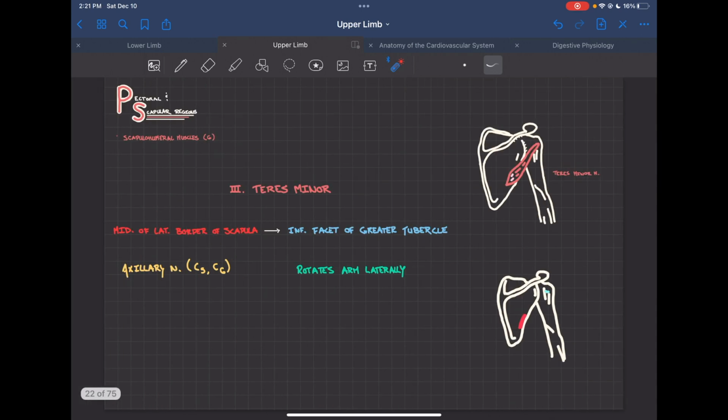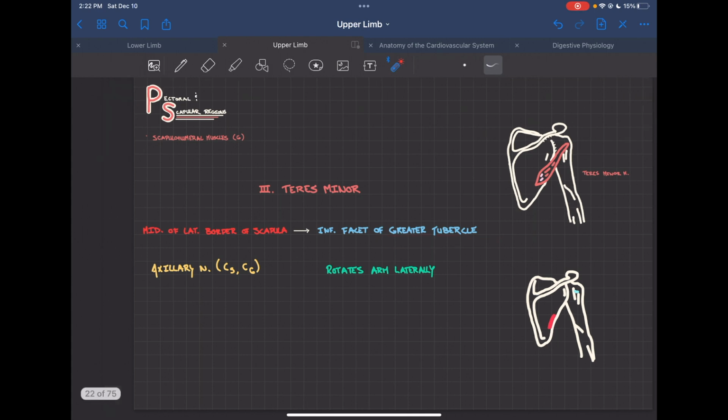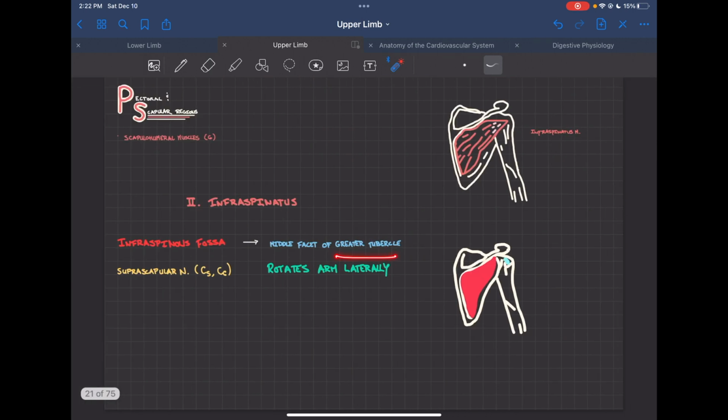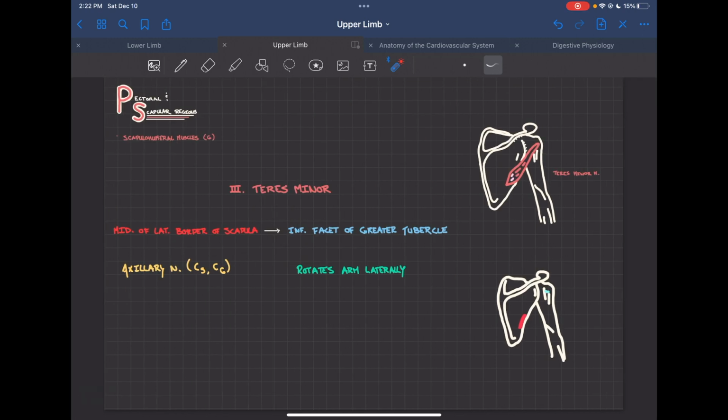And let's continue on to teres minor. So this originates at the middle of the lateral border of the scapula, and it's going to run up to the greater tubercle as well. So I've said greater tubercle 3 times now, which is nice because you only have to remember this for these 3 muscles anyways. The supraspinatus attaches here, the infraspinatus attaches here, and so does teres minor.